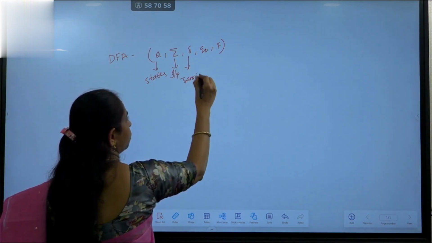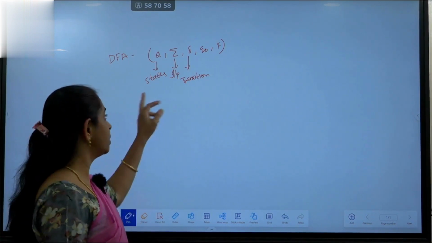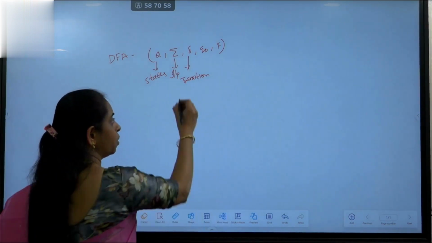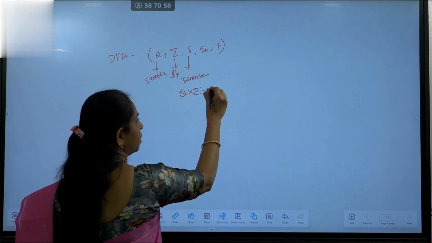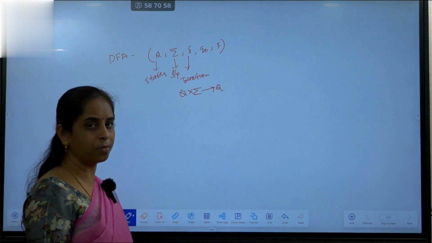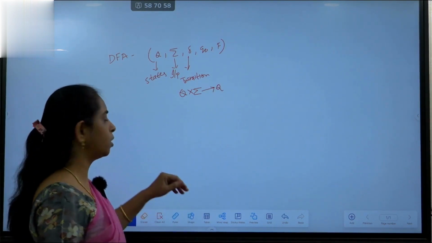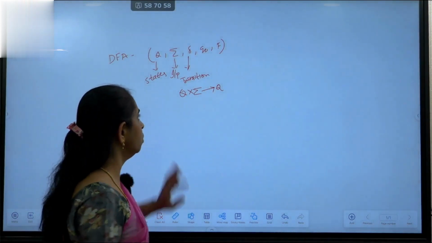One important thing in the DFA is that the transition function maps Q into sigma to Q, which is the difference from the normal finite automata.